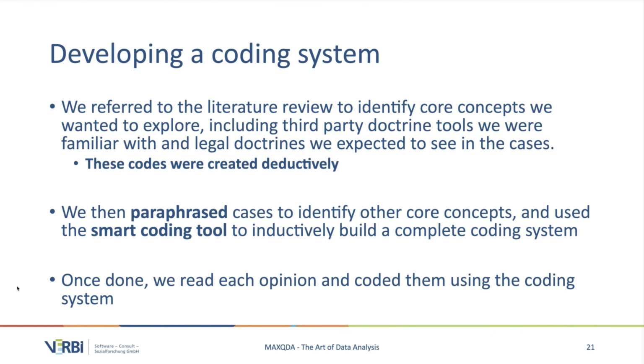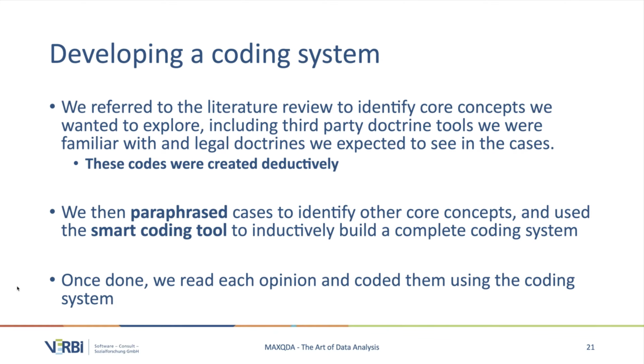We developed a coding system. We referred to our literature review to identify core concepts we wanted to explore. Some of these codes we already knew we were going to include because two of us, anyways, knew the legal theories quite well. The initial codes were created deductively, meaning they were drawn from theory.